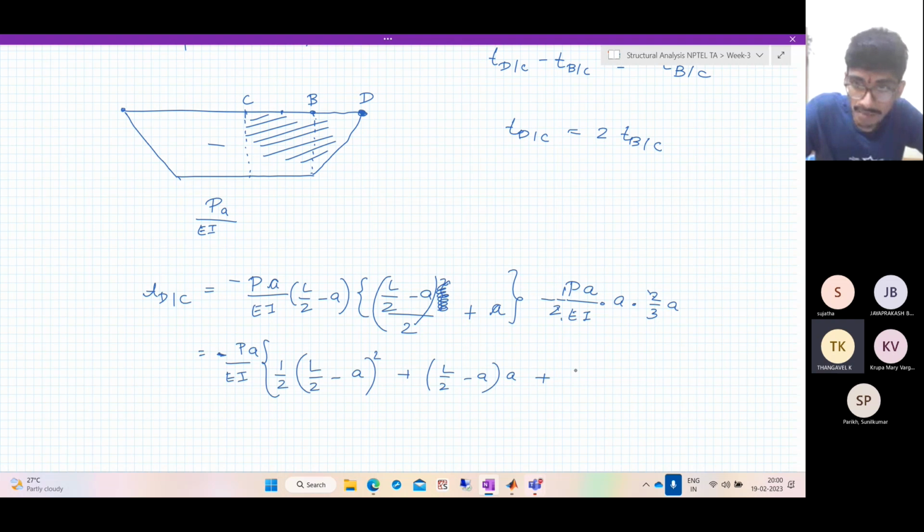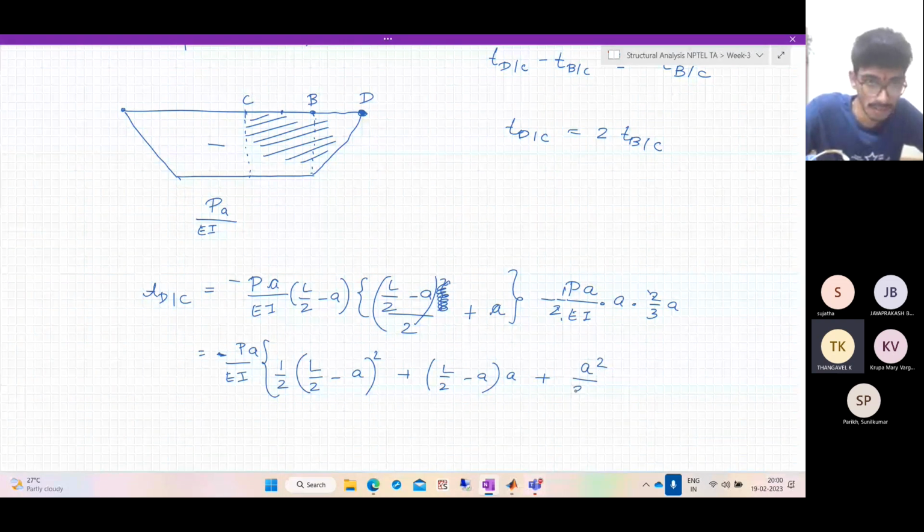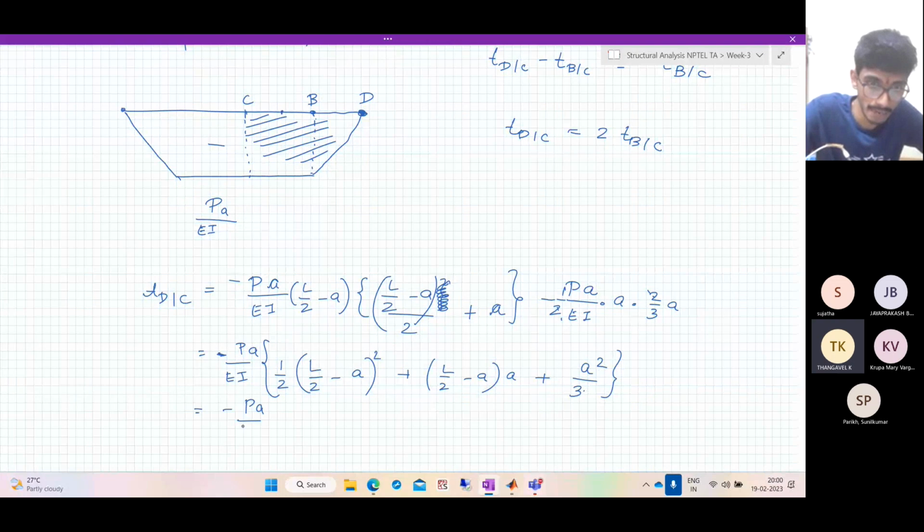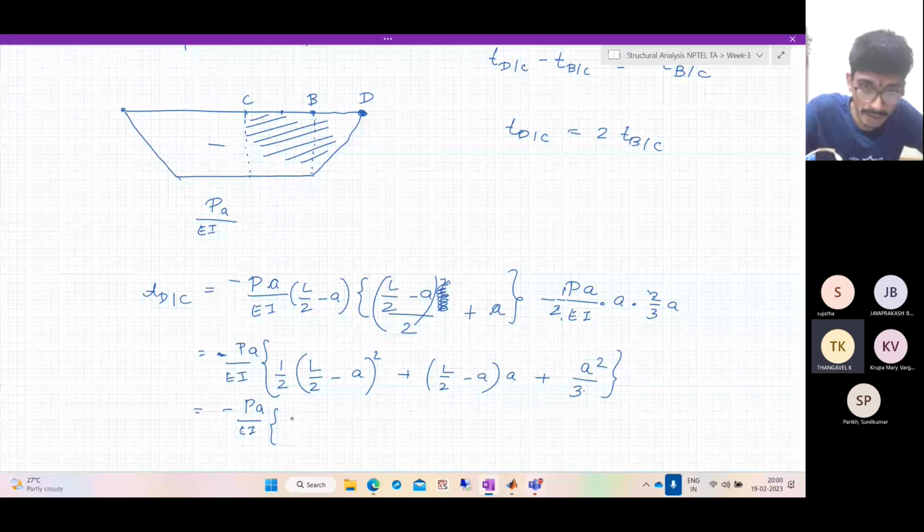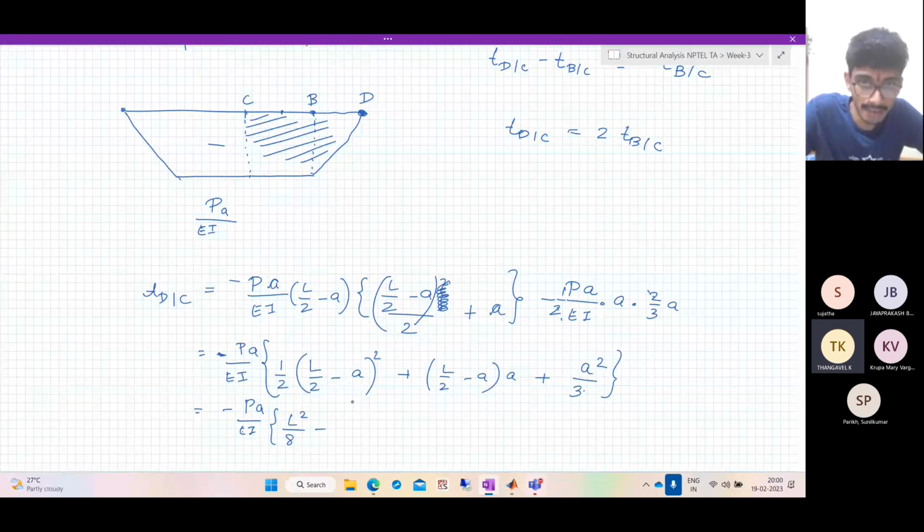We get A square by 3. So let's just expand. It is minus PA by EI into L square by 8 minus AL by 2 plus A square by 2, plus AL by 2 minus A square, plus A square by 3.